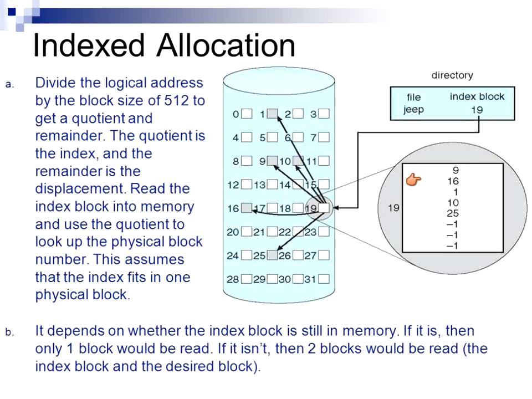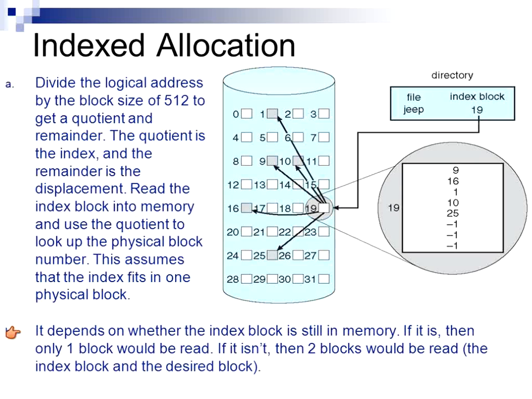If your quotient was 1, it would take you to block 16. If your quotient was 2, it would take you to block 1, and so forth. So you're just using this logical address to find the index into your index block, your index table here, and then you're just doing a direct read from the proper position in the file.